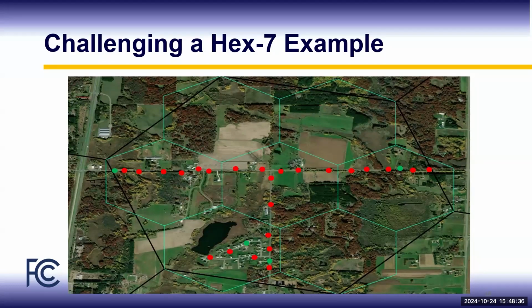Imagine that these tests resulted in successful challenges to these 4 hex 8s based on the thresholds we described in earlier slides. When 4 of the 7 hex 8s of a parent hex 7 are challenged, the entire hex 7 becomes challenged. In other words, the 3 hex 8s without any speed tests also become challenged. Note that a hex 7 is over 5 square kilometers. Up next, my colleague will discuss more on the bulk challenge process.